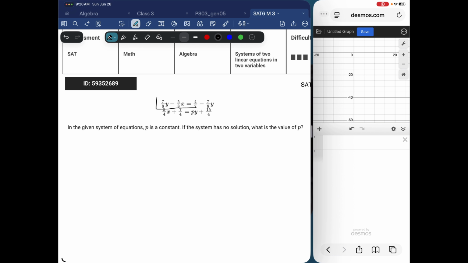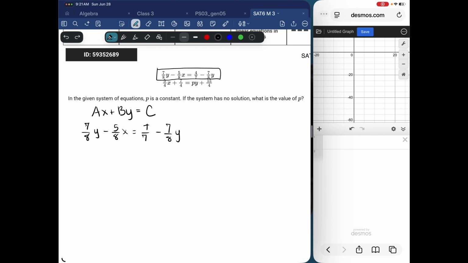For this first equation, I'm going to get it in standard form because it's very close. I need it in the form of ax plus by equals c and want my a to be positive. So I have 7 over 8 y minus 5 over 8 x equals 4 over 7 minus 7 over 8 y. Right now my a is negative, but I want it to be positive in this form.